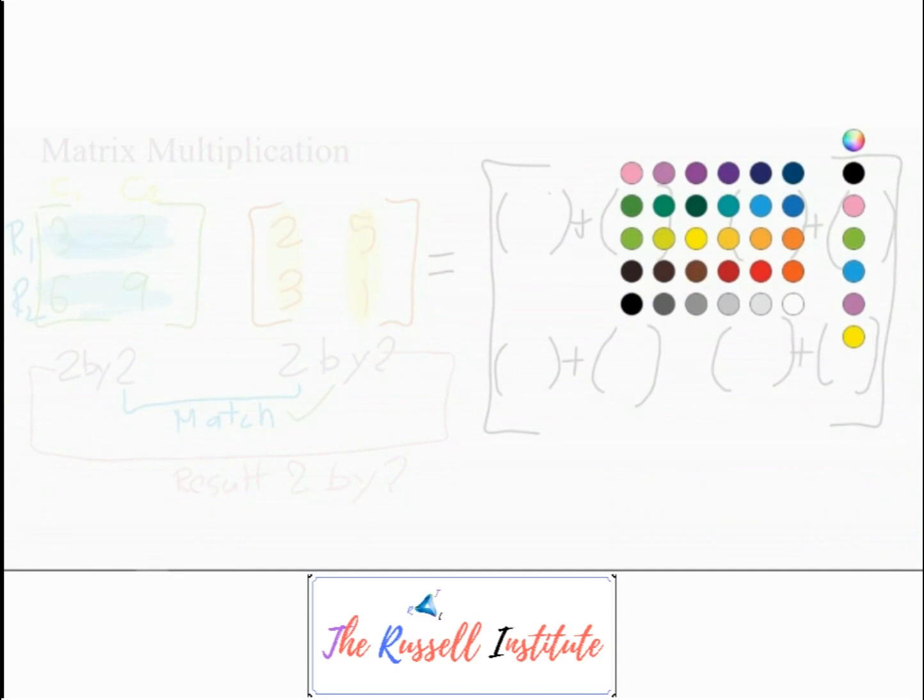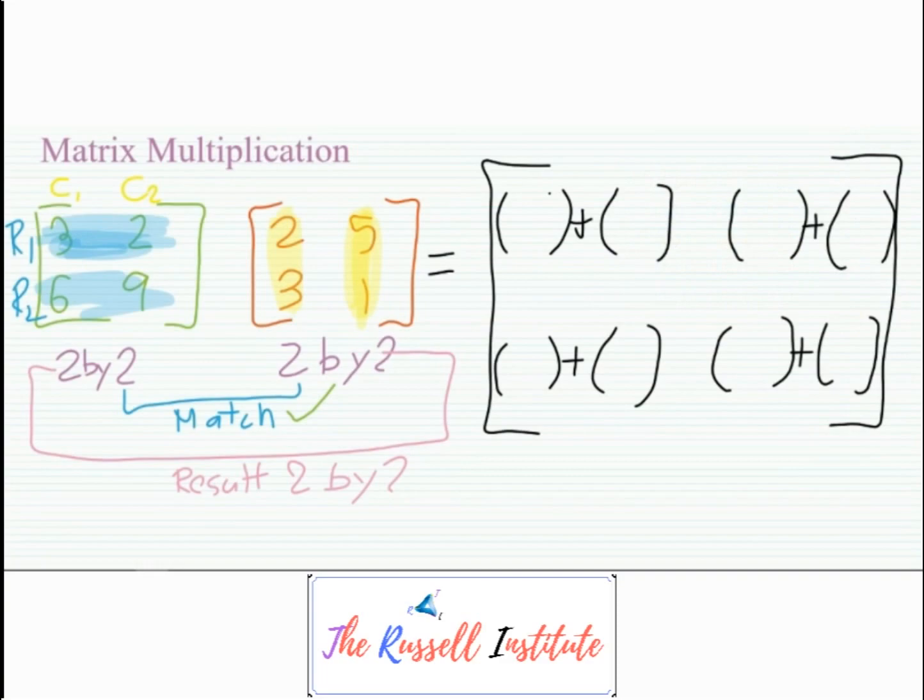Now, I'm just going to use a pattern to accomplish my multiplication. Normally we would say it's row 1 in the first matrix multiplied by column 1 in the second matrix, and so on and so forth. But when we lay out our pattern, the first matrix is going to be represented by the first number in each bracket.